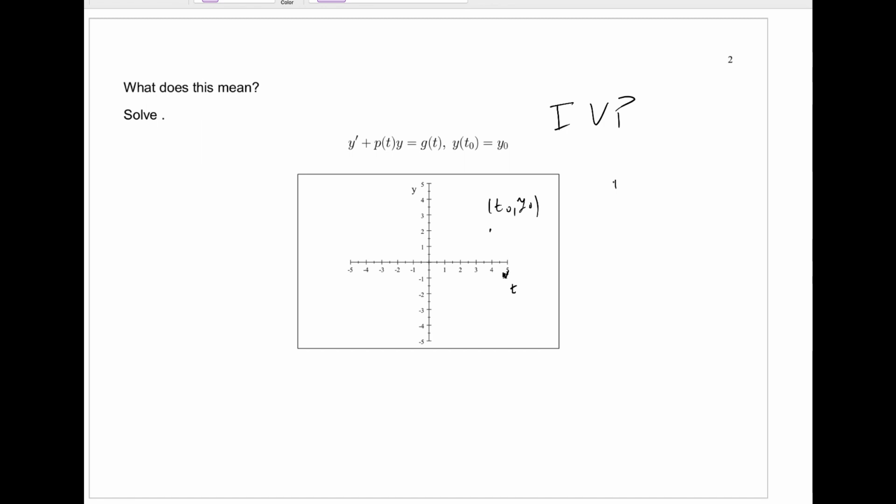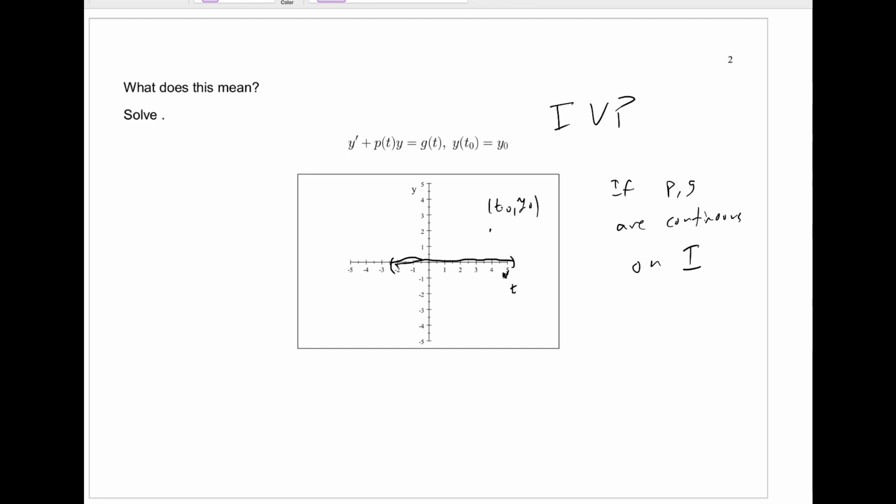If, say, p and g are continuous on some open interval I, and let's say I draw the open interval I like this. I'm just going to draw an interval along the x-axis. It could be a larger interval, but let's say we know that that open interval I includes the point t naught. Here t naught looks like it's approximately 4.